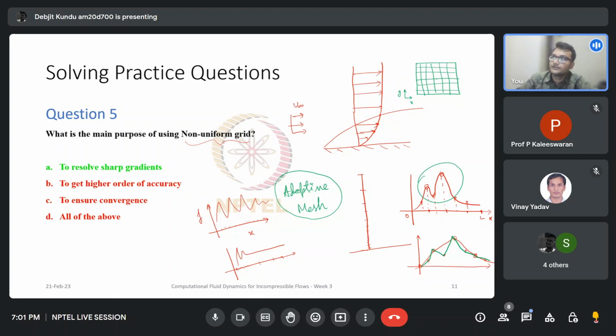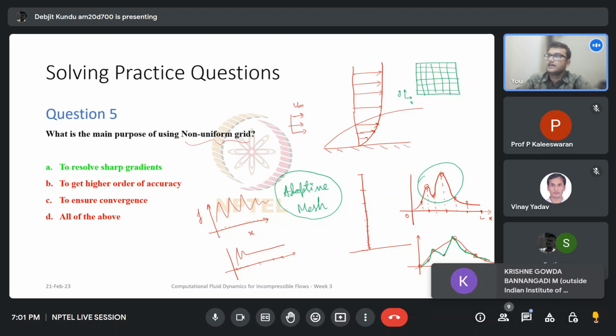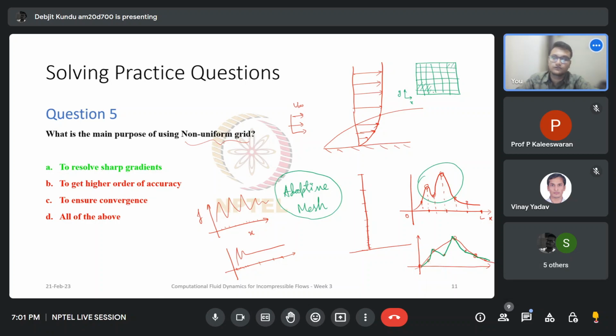So let's say we have a domain like this, and initially there are some very sharp gradients here and here, and not in the rest of the domain. So with that knowledge, you try to make a mesh which is sharper in this region and sharper in this region, and you leave the rest of the region out to these widely spaced grids.